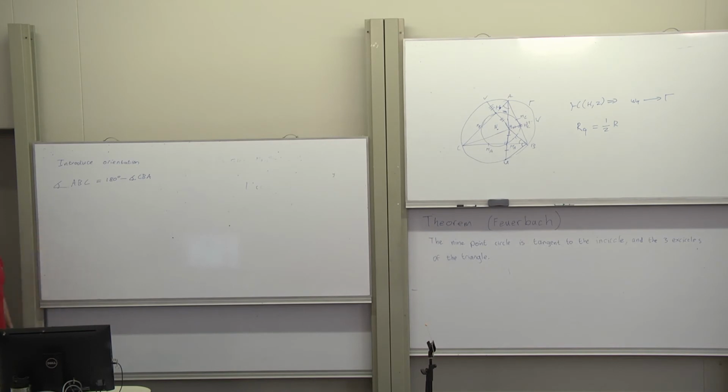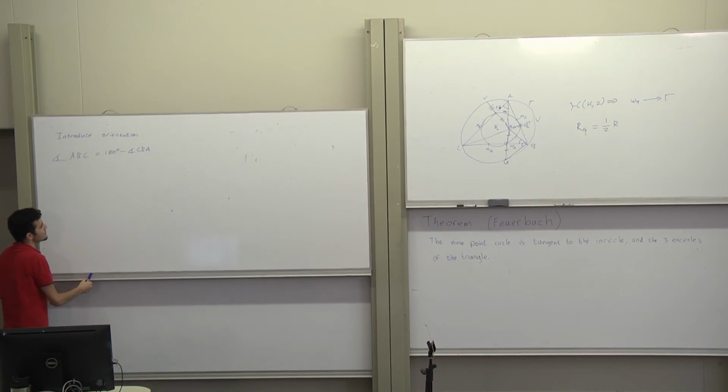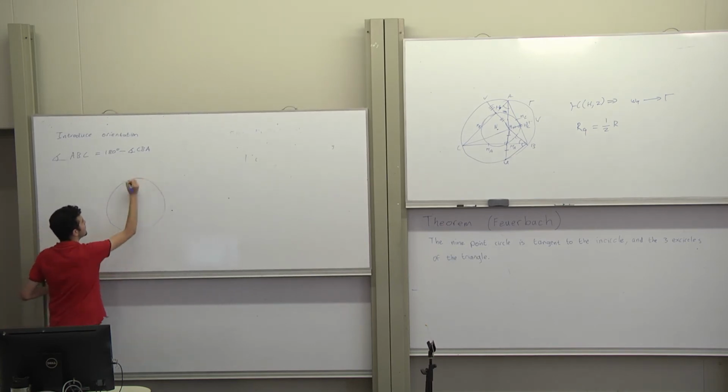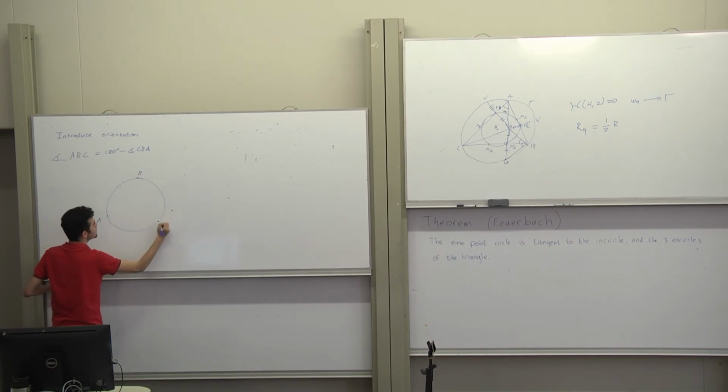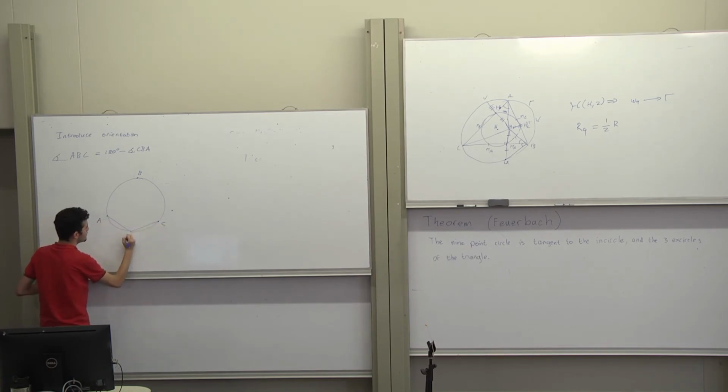so that's quite an important thing. And the reason why this is important is because, say you have a circle and you have some fixed points on it. Yeah? A, B, C. And you have a variable point X. You want to look at these two angles opposite each other.